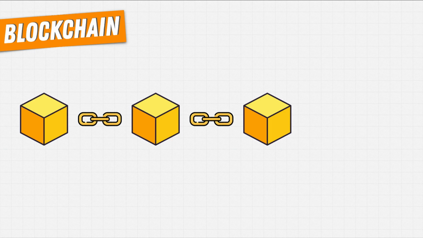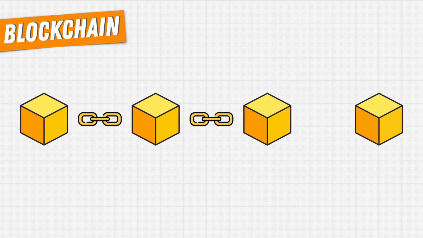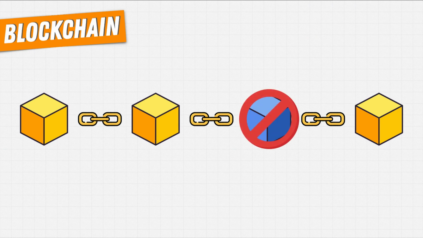Just like any database, we can read existing blocks and make use of the data they contain. We can add new blocks and connect them with the chain, but we can't update existing blocks. That's not allowed. This is a property of the blockchain known as immutability.